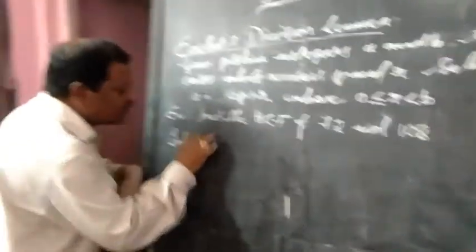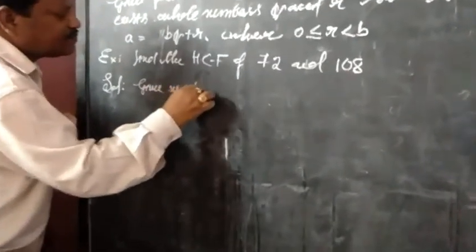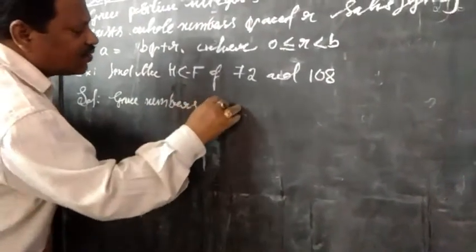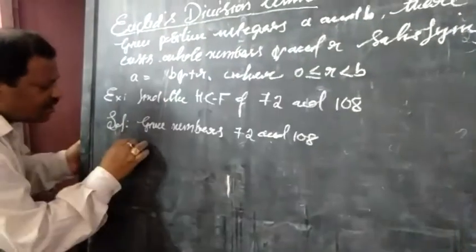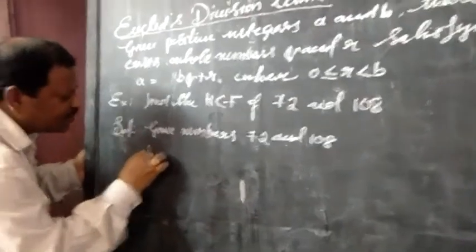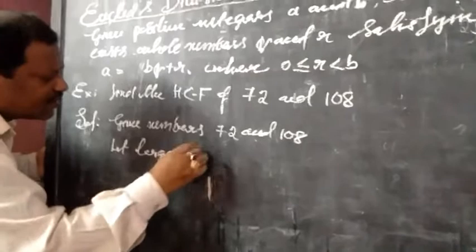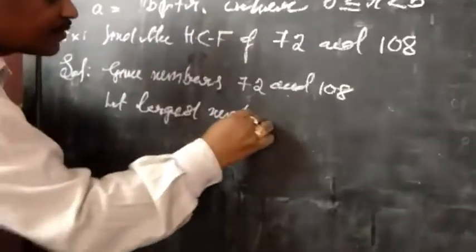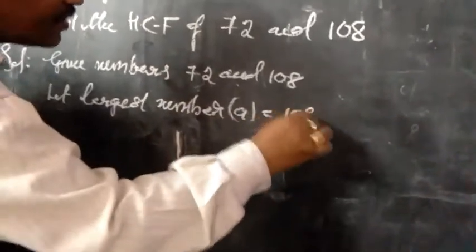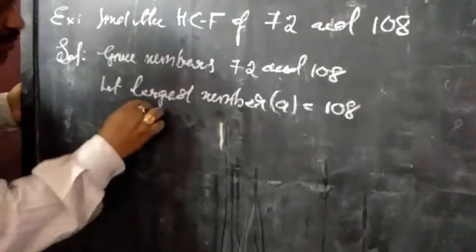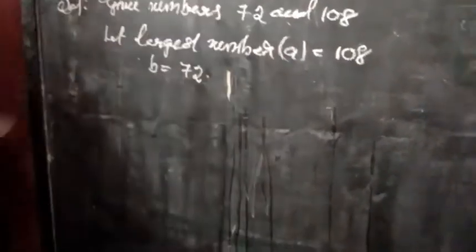Given numbers 72 and 108. Let the largest number A be equal to 108, then the smallest number B is equal to how much? 72. B is equal to 72.